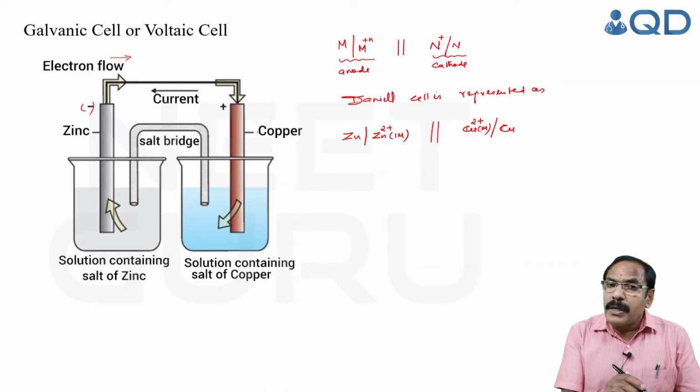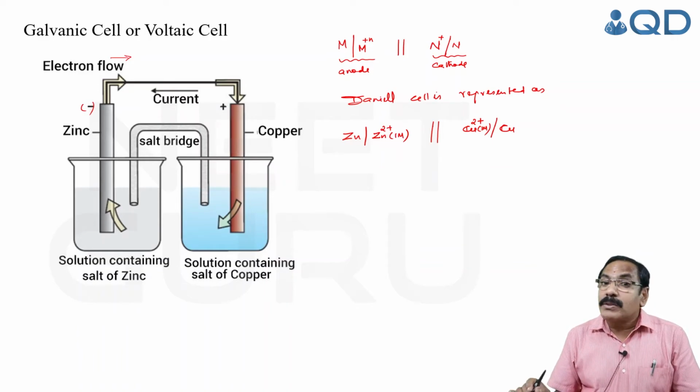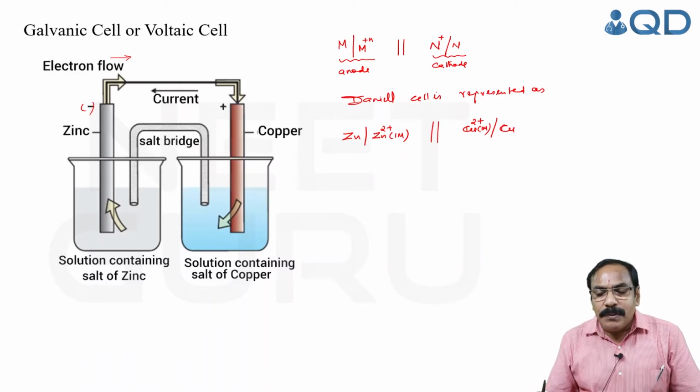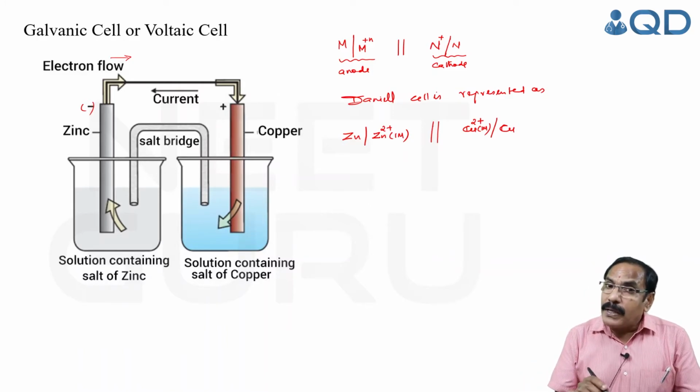Water flows from high altitude to lower altitude because of pressure difference. Heat flows from hot end to cold end because of temperature difference. Similarly, for electric current to flow, there must be a potential difference. The potential difference between cathode and anode of a galvanic cell is called EMF.